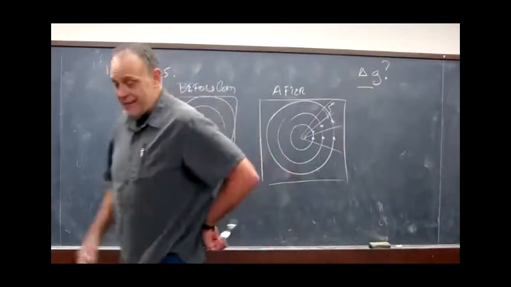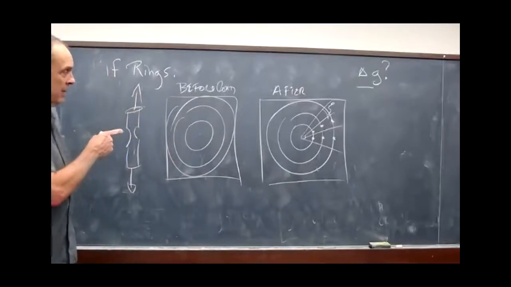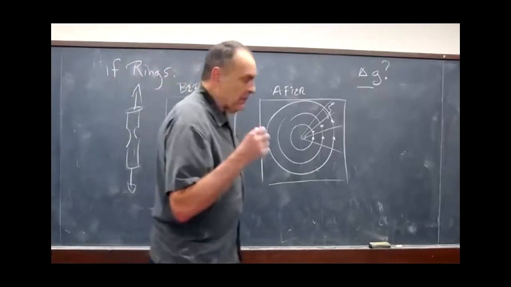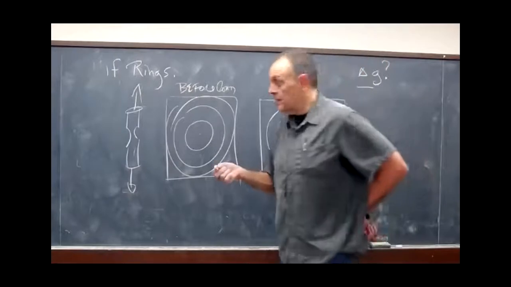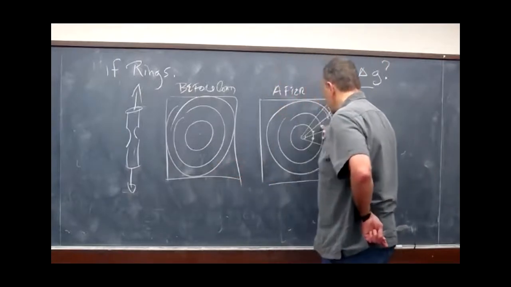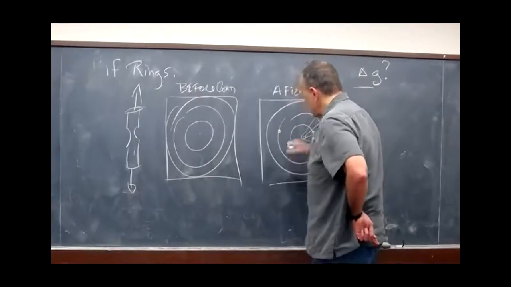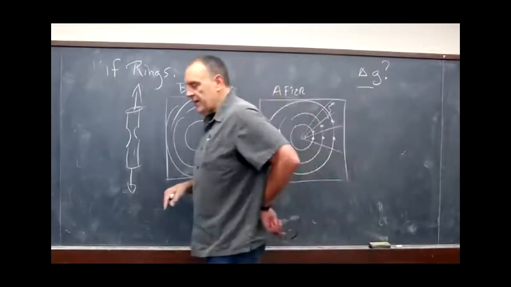Now the issue with powder is, though, I have some idea, but I cannot identify the individual crystal associated with each one of these. So if I'm just thinking of a point on one of these rings, I cannot identify the crystal.